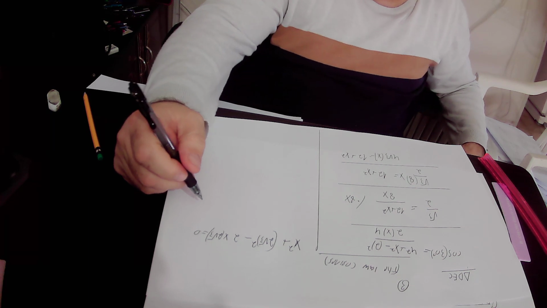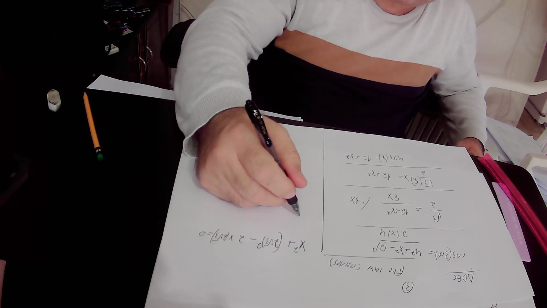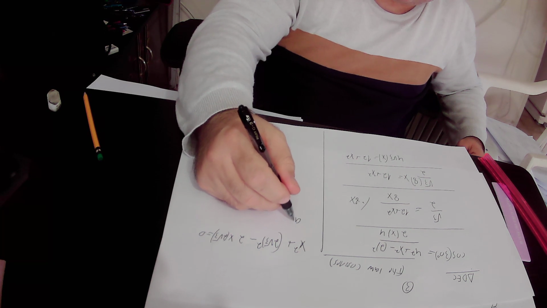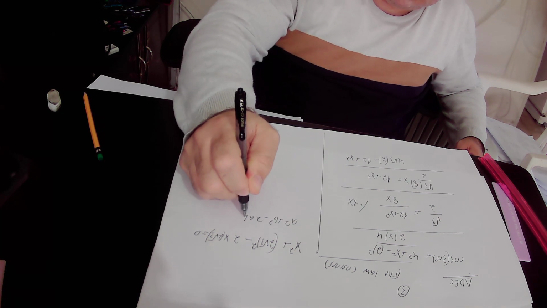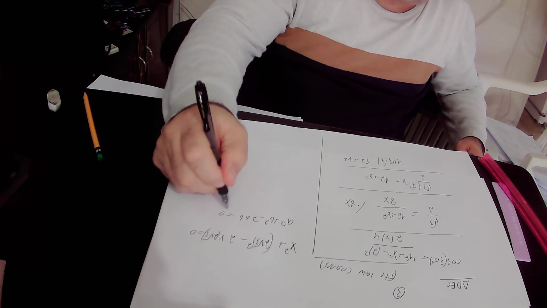So this equation is very similar to the equation a squared plus b squared minus 2ab equals 0.